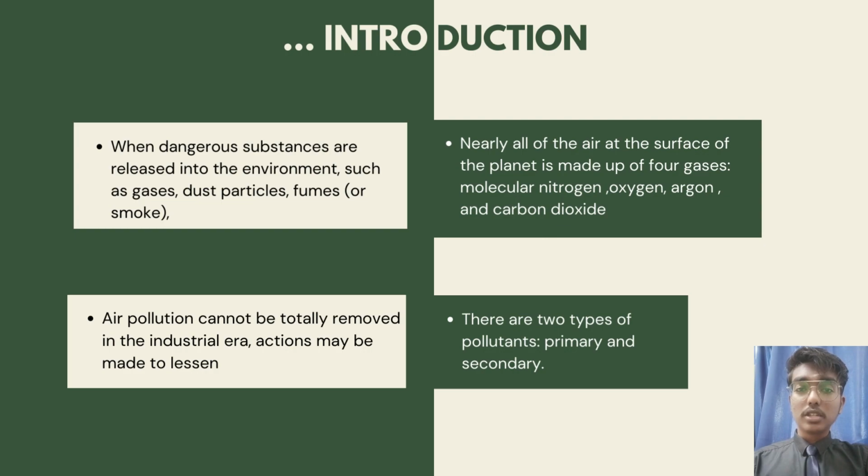Although air pollution cannot be totally removed in the industrial era, action may be taken to lessen it. In an effort to reduce air pollution, the government has created and is still creating regulations for air quality and laws that limit emissions. By carpooling or using the bus instead of driving alone, every one of us can do our part to lessen pollution.